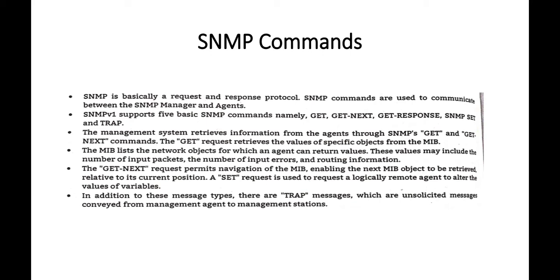In addition to these message types, there is a trap message, an unsolicited message conveyed from the management agent to the management station. If the network has some fault, that fault is indicated with the help of the trap command.